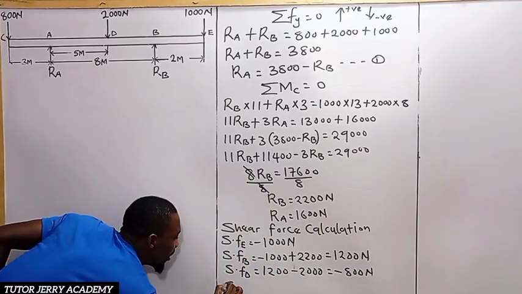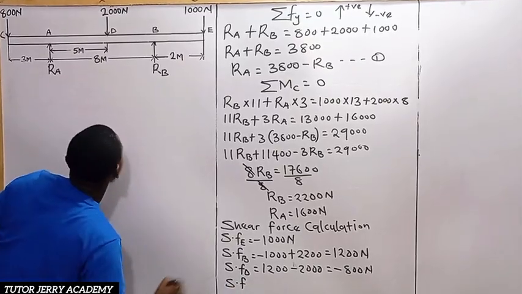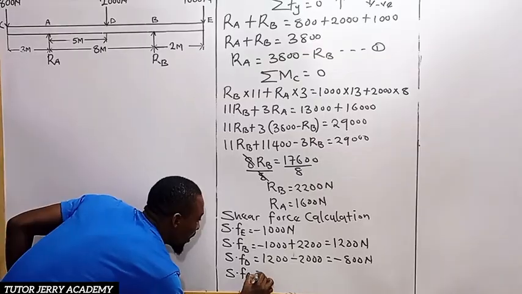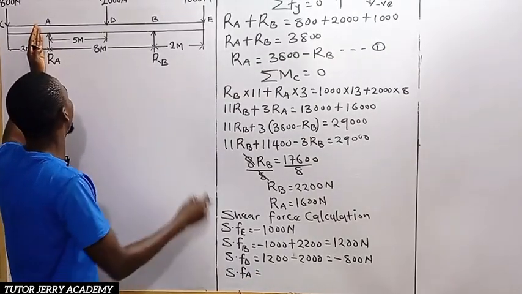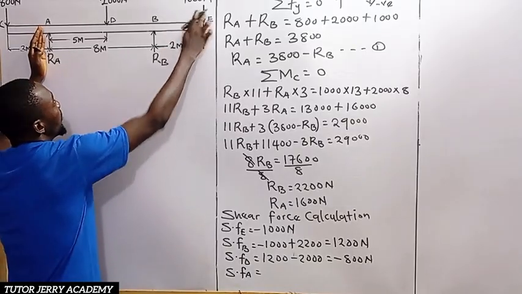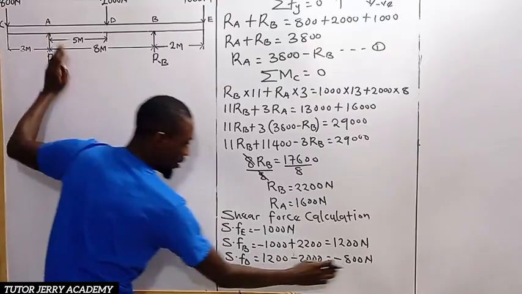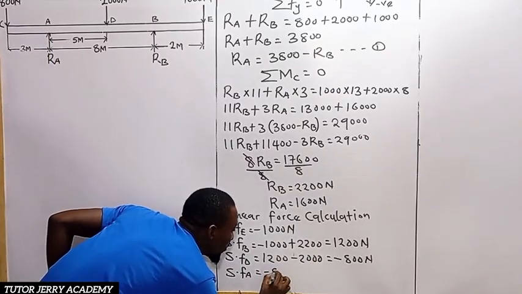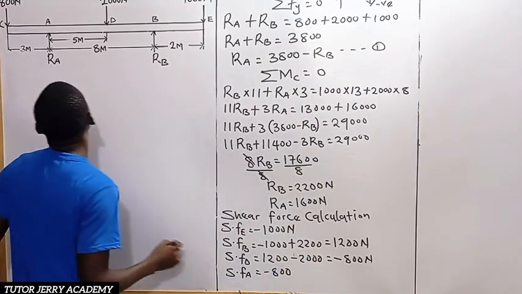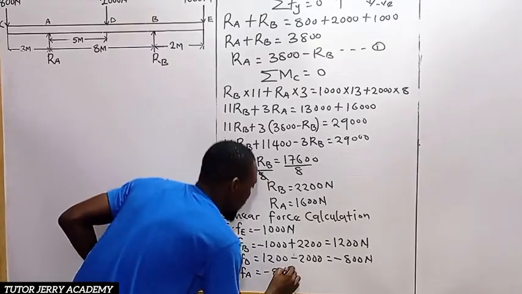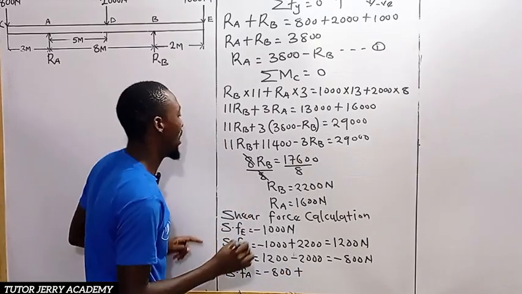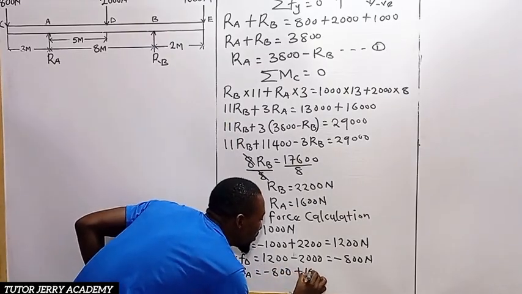Alright, so the shear force at point A, we have four shear forces like that. So this has been calculated, and it is nothing but negative 800. Alright, negative 800. And if we now add the effect of this upward force here, which is RA, our RA is 1,600.